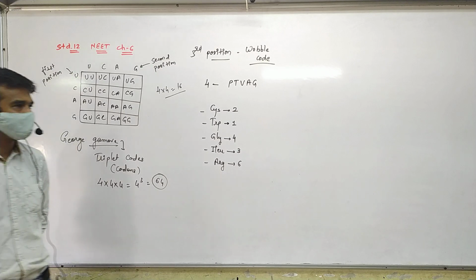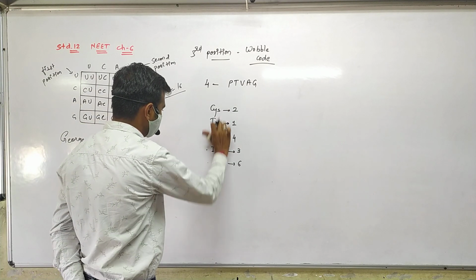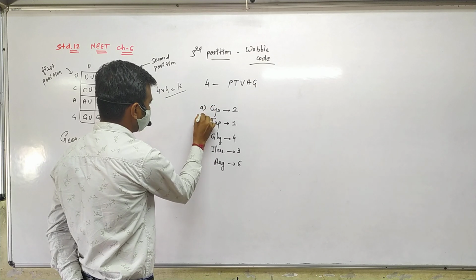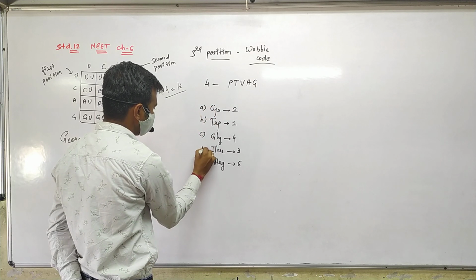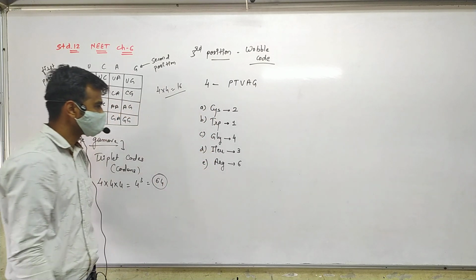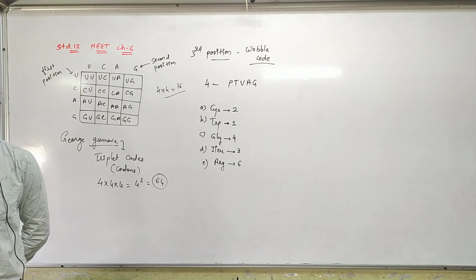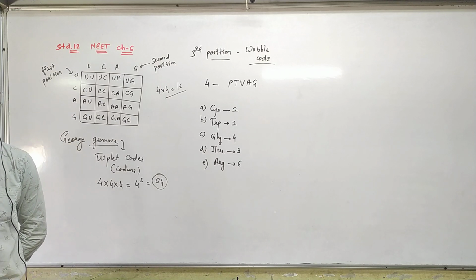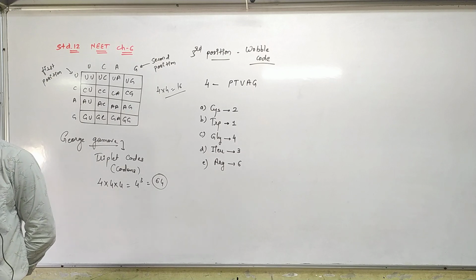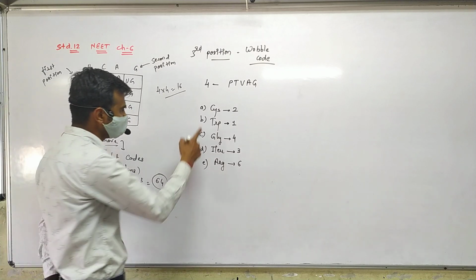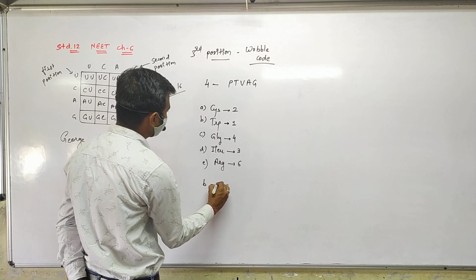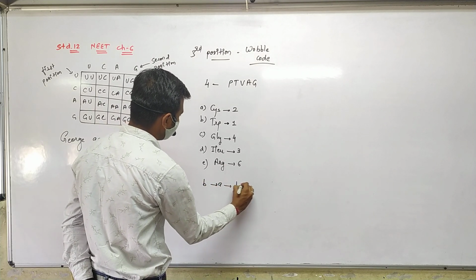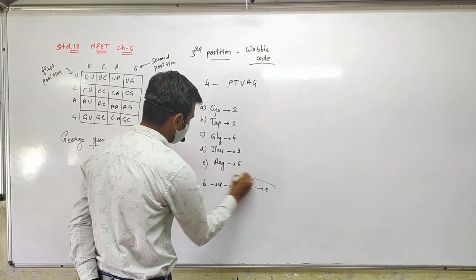Suppose I make them A, B, C, D and E. The arrangement of the amino acids in ascending order by number of codons is: first B, then A, then D, then C, and then E.